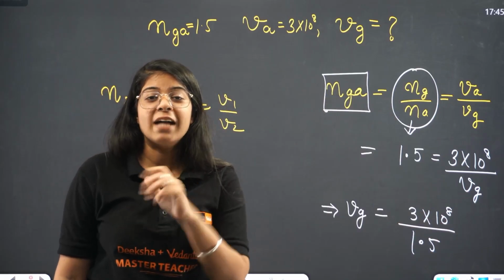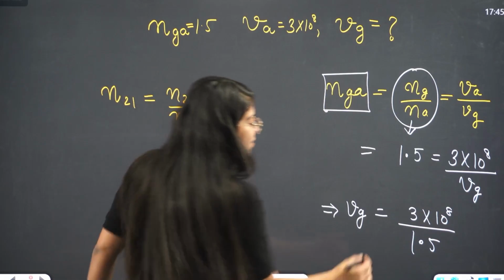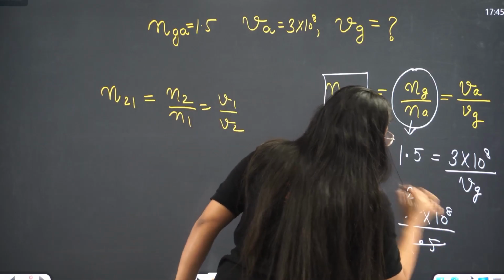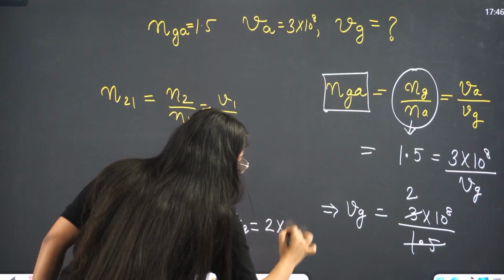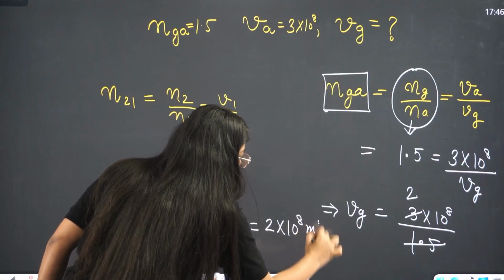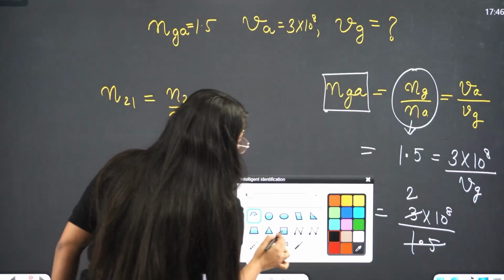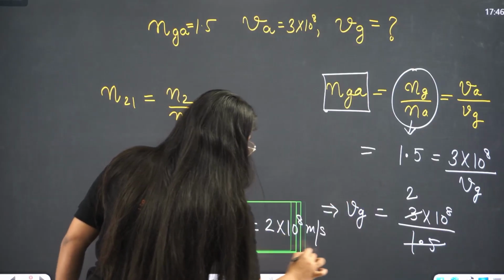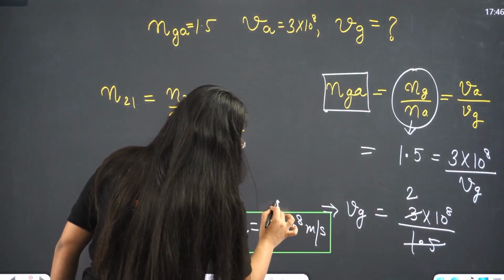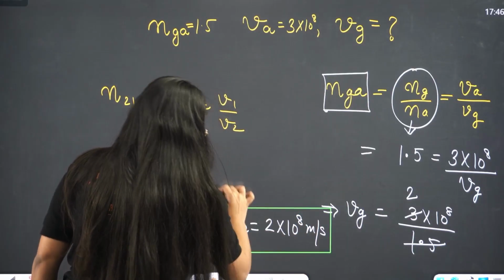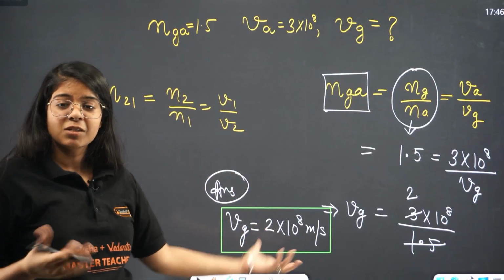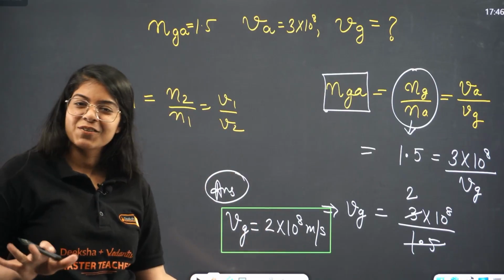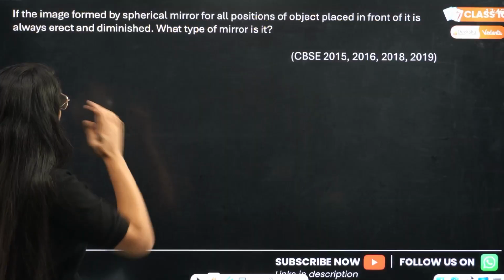How will you know that? By practicing. Okay. So V of G equals 2 into 10 raised to power 8 meters per second. And this, my friend, is your final answer. We have to find the speed of light in glass. We found the speed of light in glass. Understood? Okay, let's move on to the next question.